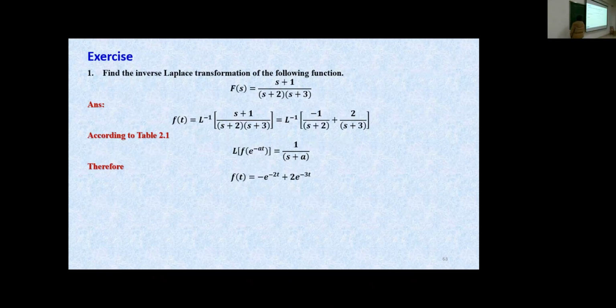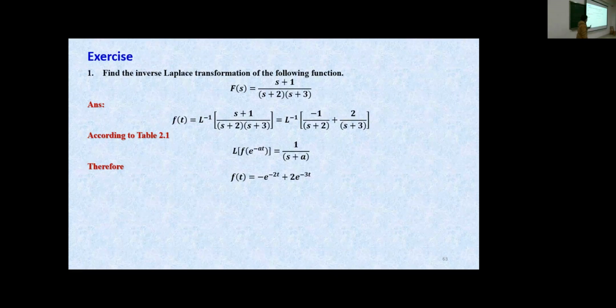A1 is minus 1, A2 is 2. And we will have one. Okay. Yes. Same with this.